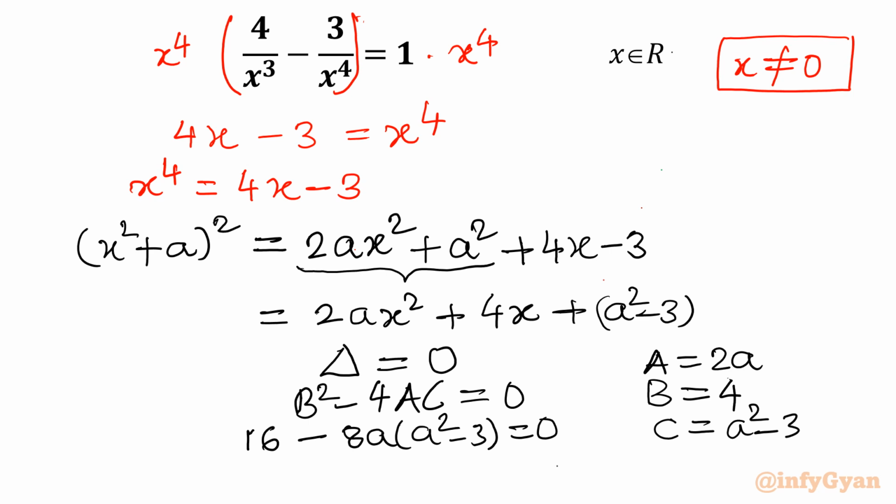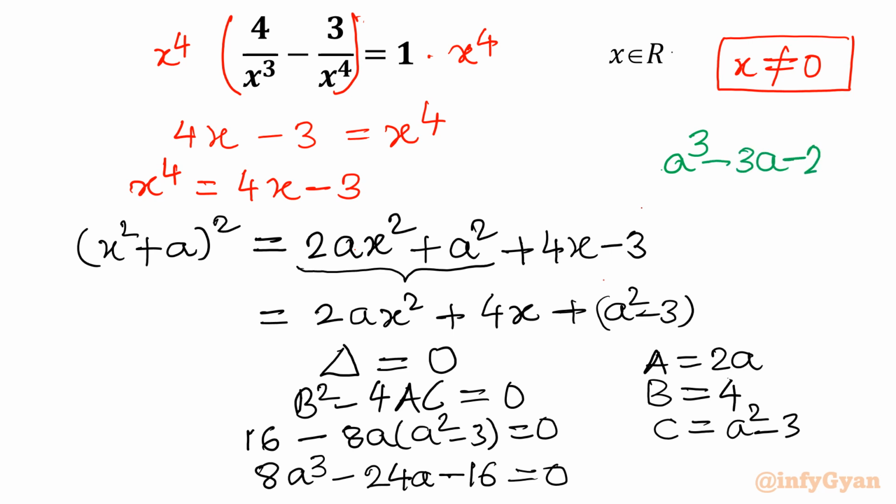If I expand and frame the equation, then I can write the equation is 8a cube minus 24a minus 16 equal to 0. Once you divide by 8, you will get one cubic equation. Let me write here a cube minus 3a minus 2 equal to 0.